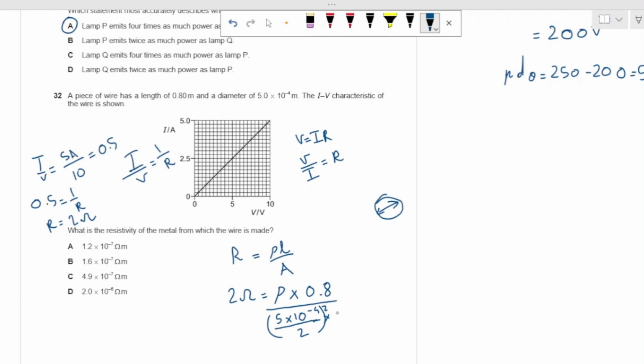This will be multiplied by pi, most importantly, and then we will calculate it. When you calculate it, you will get your approximate answer as 4.9 multiplied by 10 to the power minus 7 ohm meter. So option C is the correct answer.